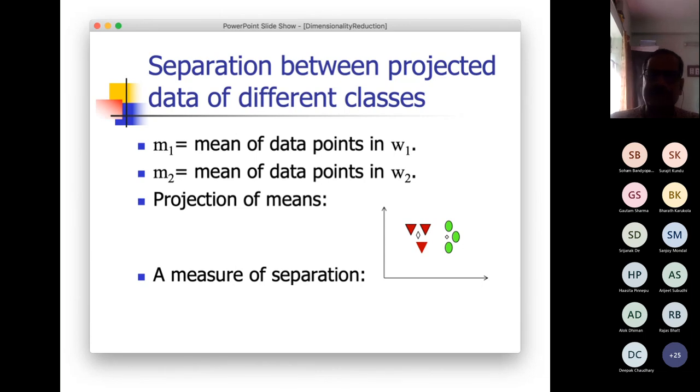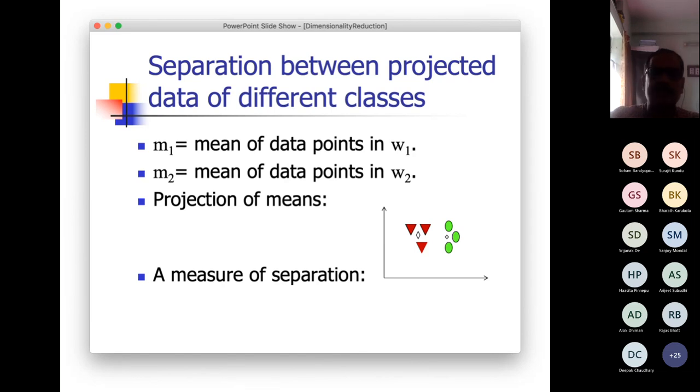In the data set itself, you can compute the mean of the data points in class W1 and the mean of the data points in class W2. So class 1 and class 2. This is directly computable from the data points themselves. Since computation of the mean is a linear operation, the projection would also preserve the linearity, which means that if I project the means on that axis, that will also be the mean of the projected data points of class W1 and correspondingly the other.